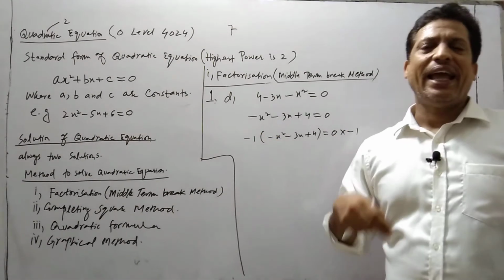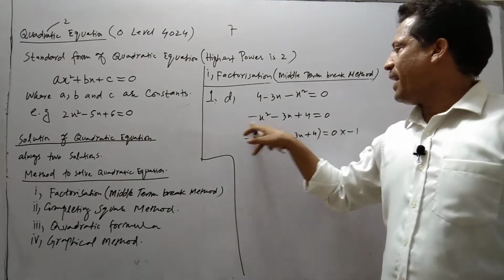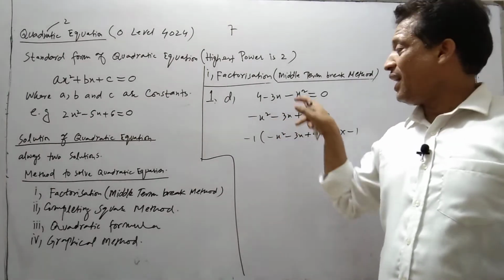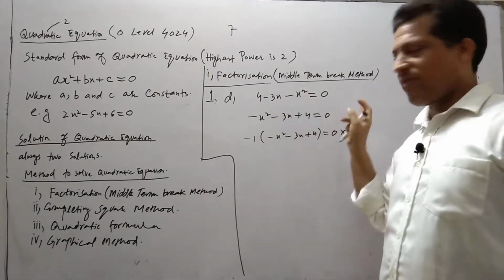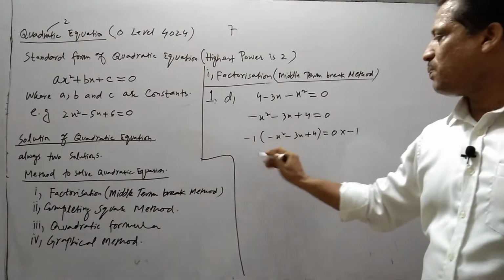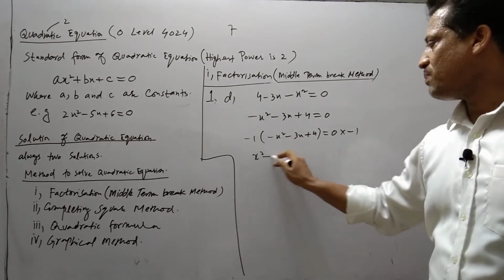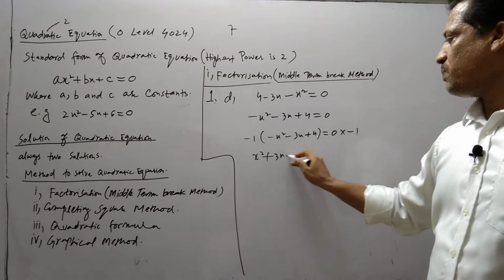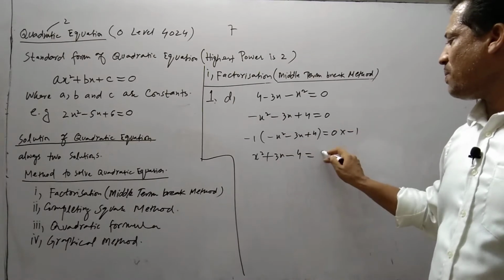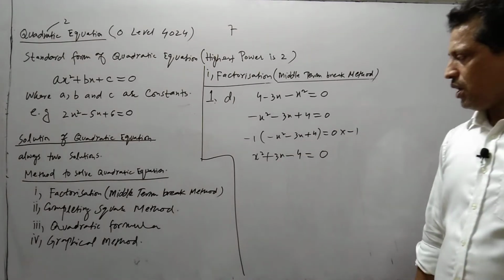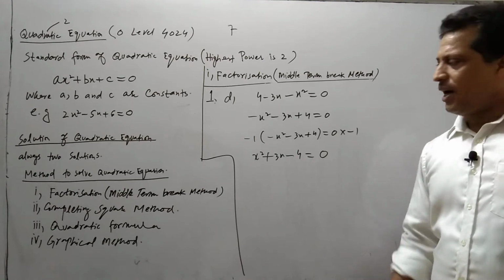Whenever you multiply an equation by any number, you have to multiply both the left and right side. Minus minus plus x square, minus minus plus 3x, minus plus minus 4, and 0 multiplied by something is always 0.